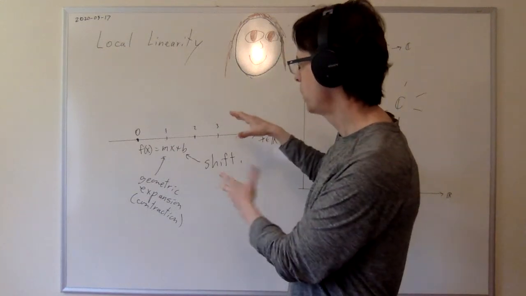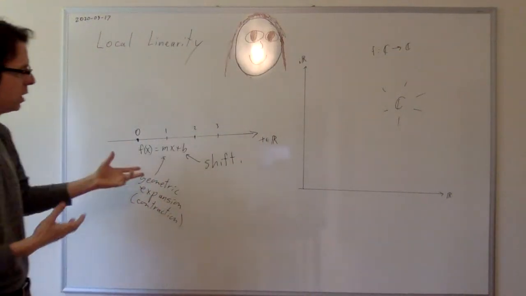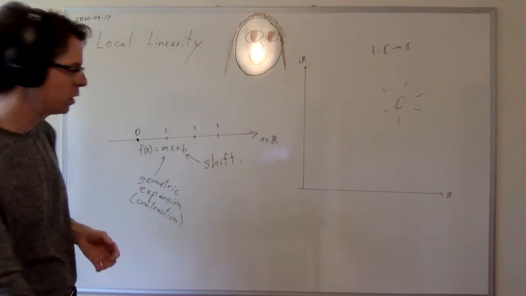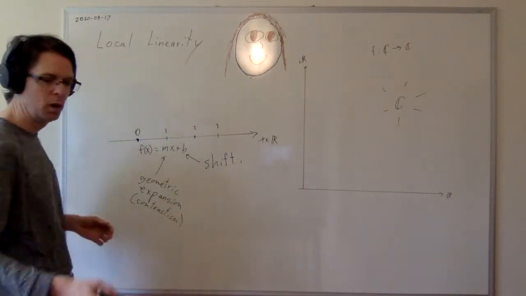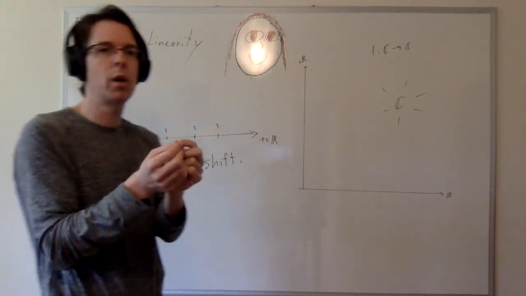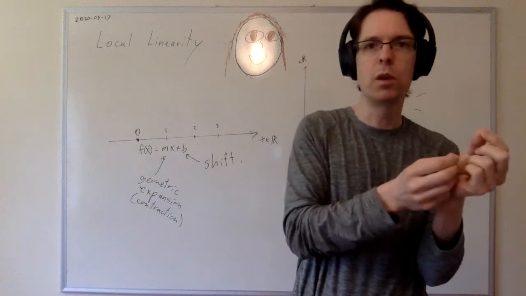From that point of view, then we can understand local linearity. So local linearity means that locally any function is doing something like this, something similar to this. So if we look at the parabola, for example, the parabola has this very complicated structure, but nearby any point, all of the values are getting stretched a little bit and moved a little bit.